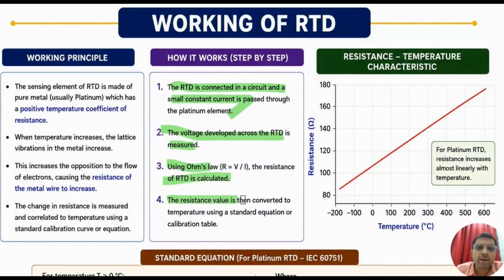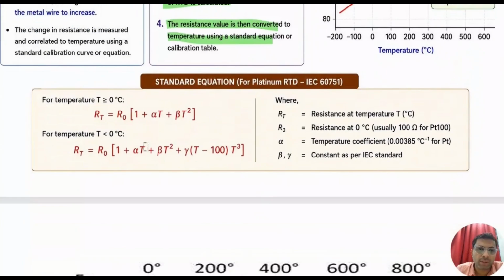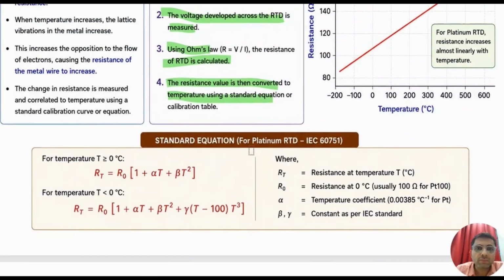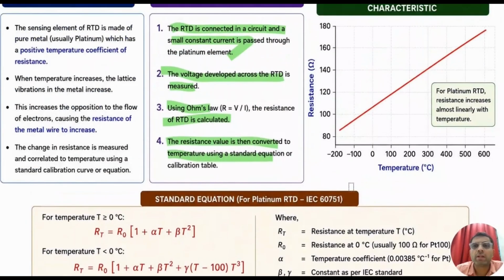The resistance value is then converted into temperature using the standard equation that I have told you, or the calibration table. As this is a positive temperature coefficient, as the temperature increases, the resistance increases, and vice versa. As the resistance increases, it means the temperature increases.